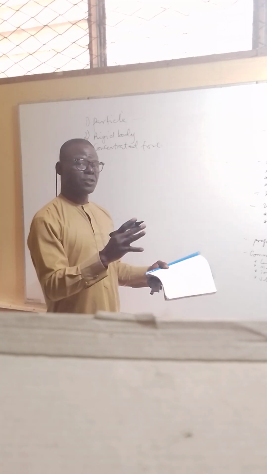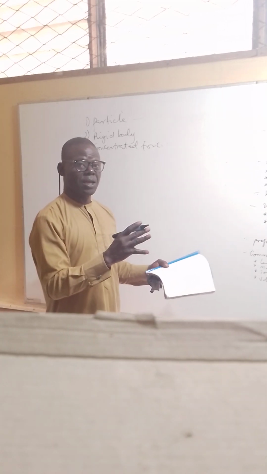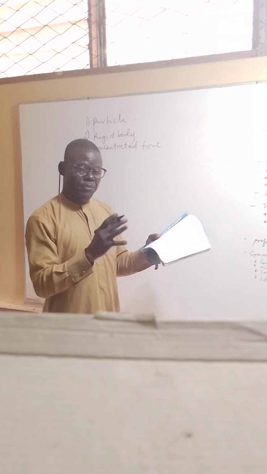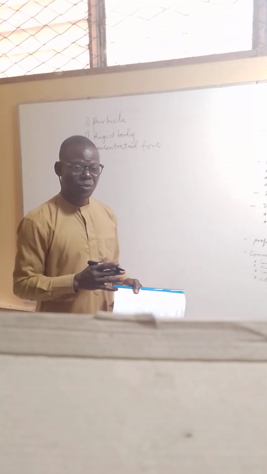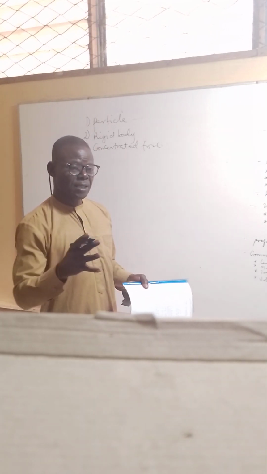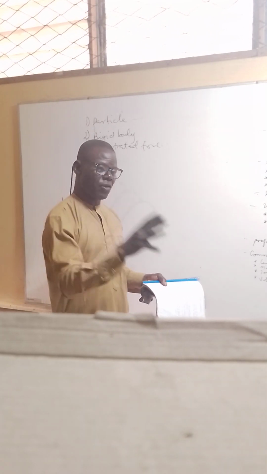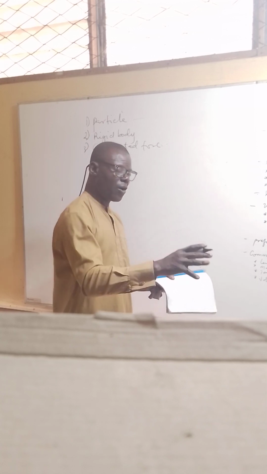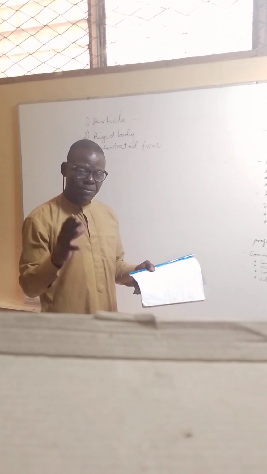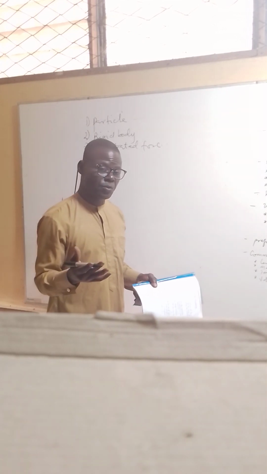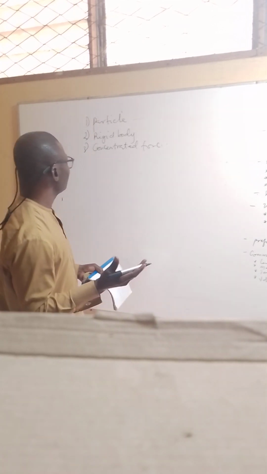When a force is applied to it and removed, the shape remains the same, and so you say it is a rigid body. When you apply force onto a body, and before, during and after the force the shape remains the same, then you consider it to be a rigid body.